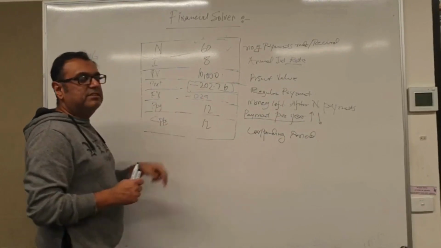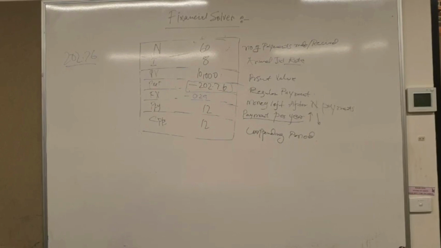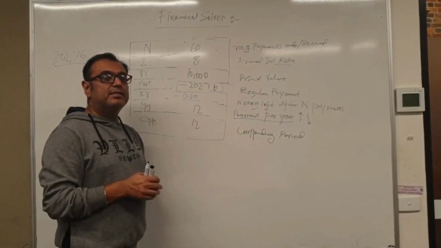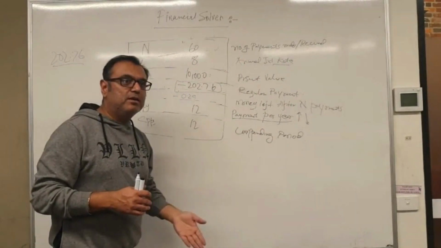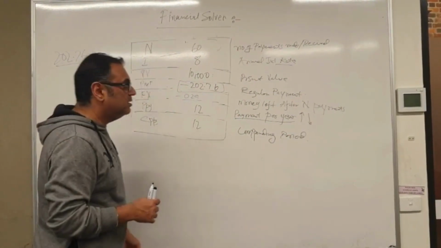What does negative in the future value mean? Negative means anything that has to go out of your bank account, correct? That's what negative is, flowing out of your bank account.